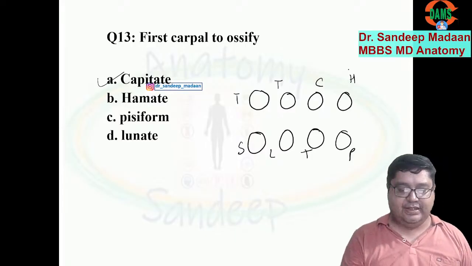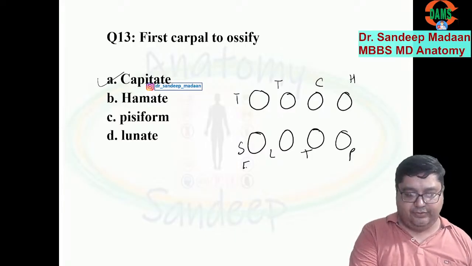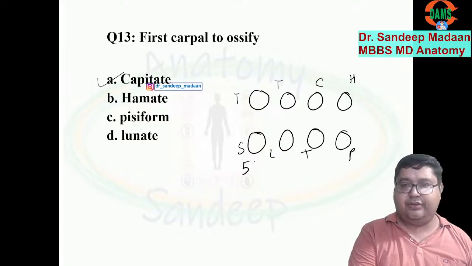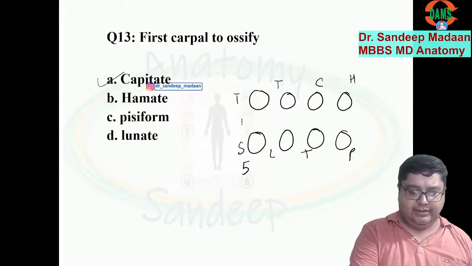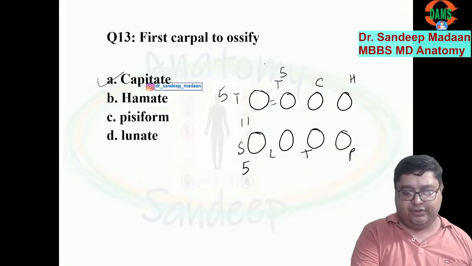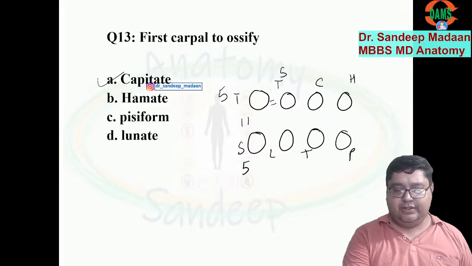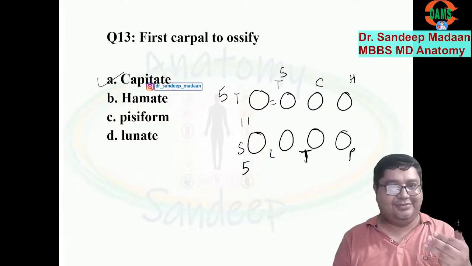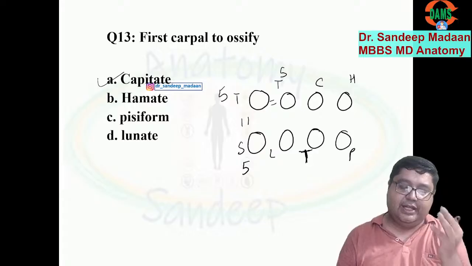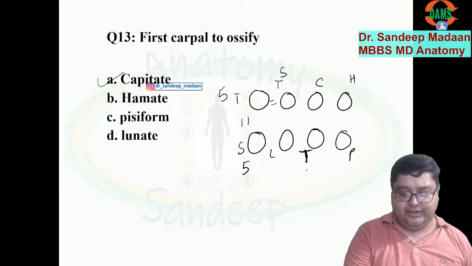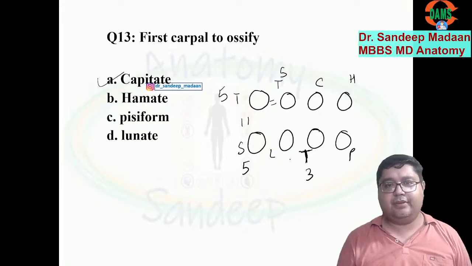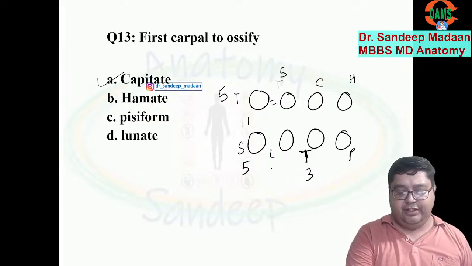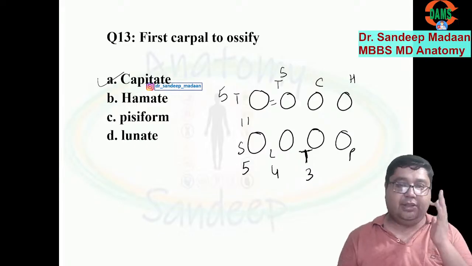Correct? So S looks like 5. So scaphoid will come in the 5th year. This is equal, this is equal. This will also come in the 5th year. This is the bone at the 3rd place, so the name is triquetrum. The name is also tri, and it comes in the 3rd year. Between 5 and 3, number is 4. So lunate will come in the 4th year.